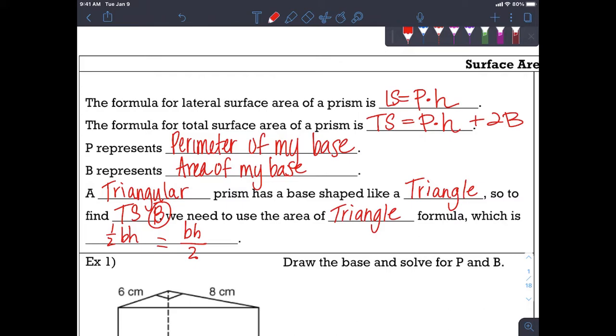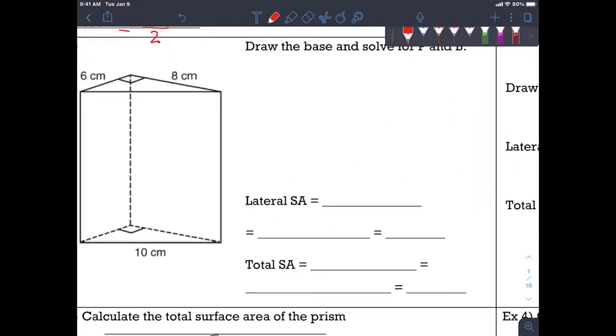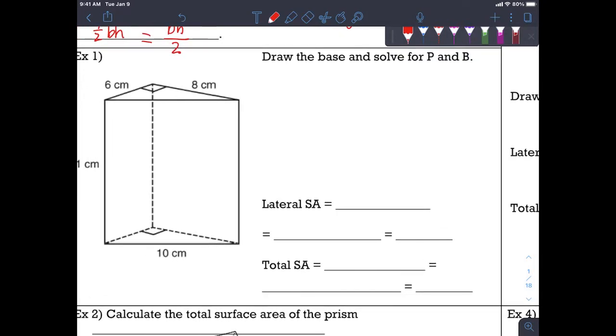Same exact thing. All right, so let's take a look at our very first example. Again, I identified these triangles as my bases.